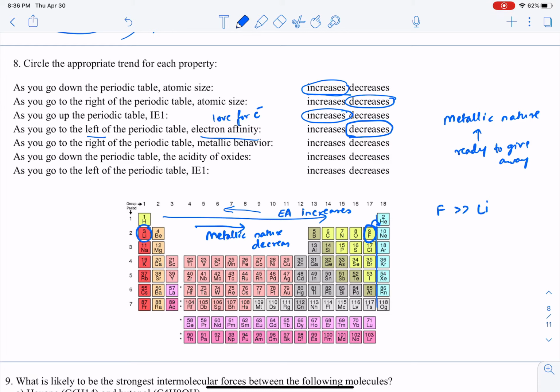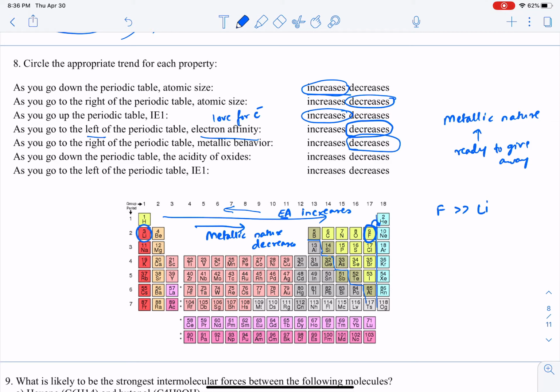It will be totally opposite to this electron affinity behavior. So Na, lithium are more metallic compared to F, because fluorine is definitely a non-metal. You can see in the trends that this line separates metals and non-metals. So these are non-metals and these are metals. Okay, so what we can say is, as you go to the right of the periodic table, metallic behavior decreases.